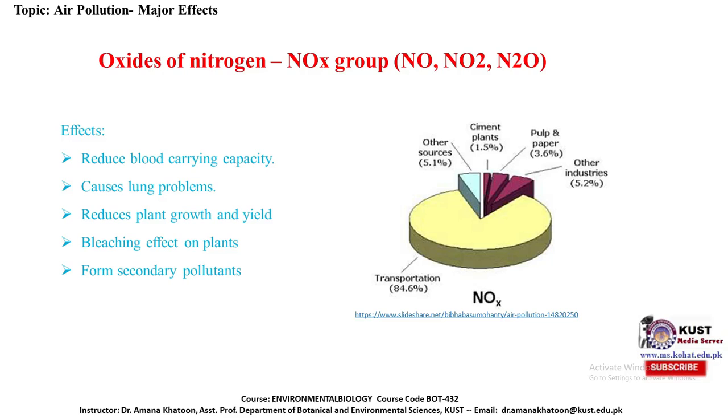And the last factor is that the various oxides of nitrogen form secondary pollutants. Not only are they themselves toxic, but they are involved in the formation of secondary pollutants that are even more dangerous to plants.